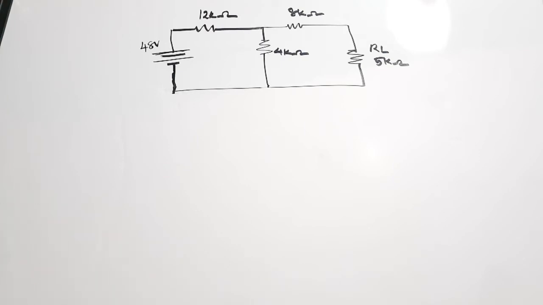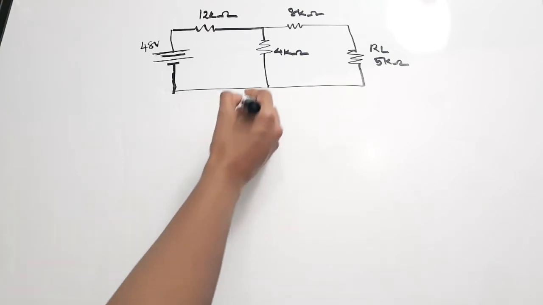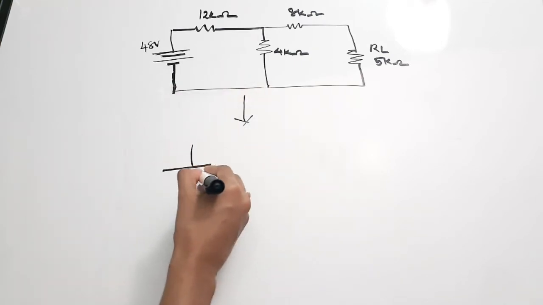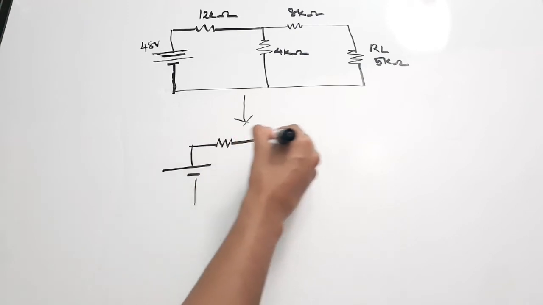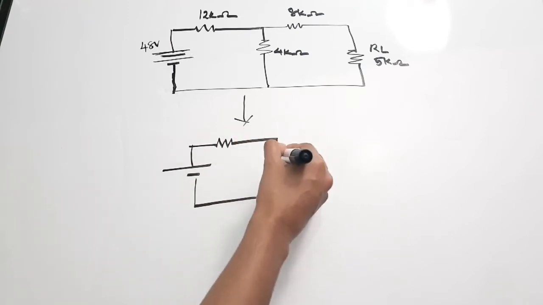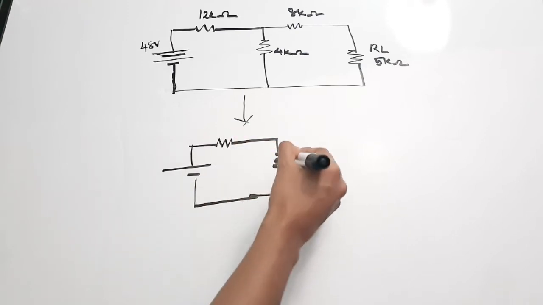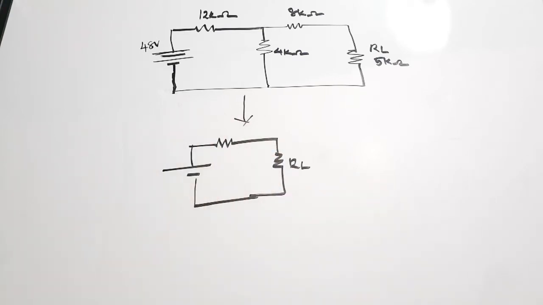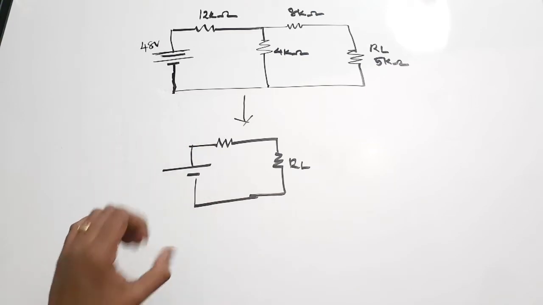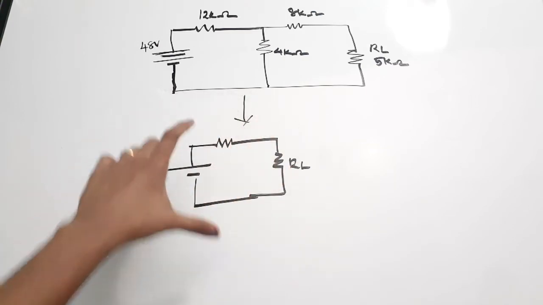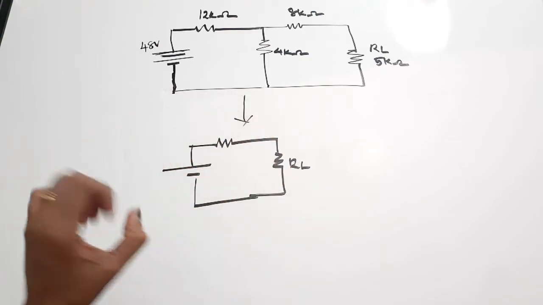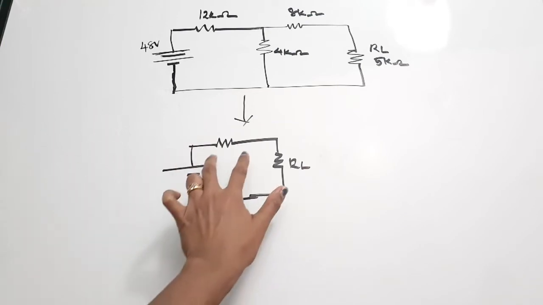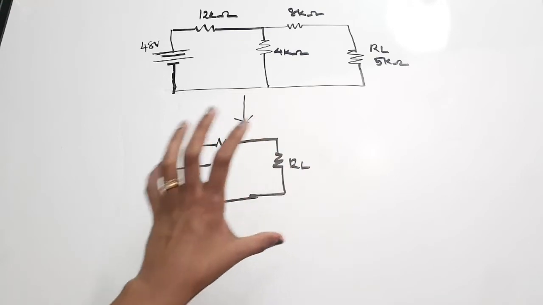So our aim is to convert this given circuit into the form of a voltage source and a series resistance, and connect back the load, so that we can very easily find the current. This is a very simplified version, right? Only one voltage source and a series resistance, and then we connect the load across that.